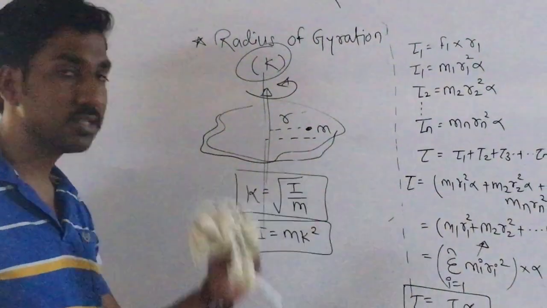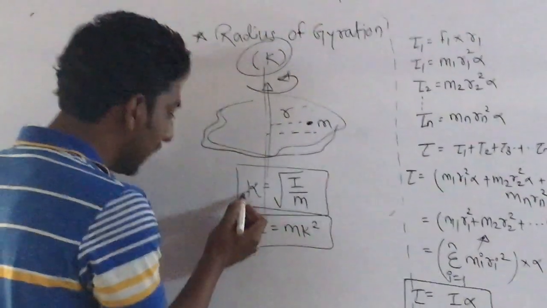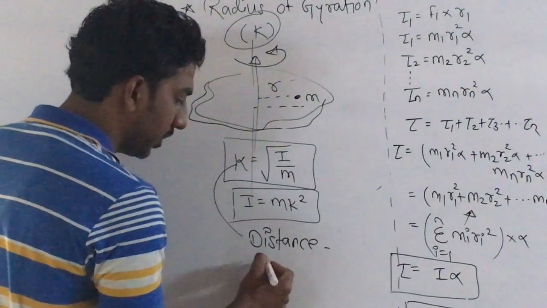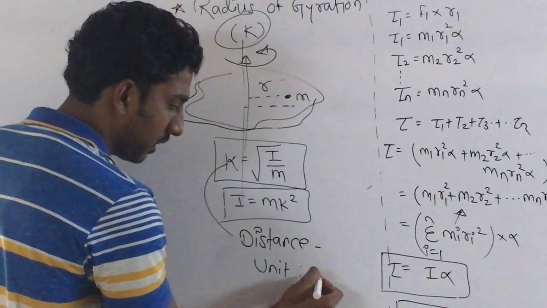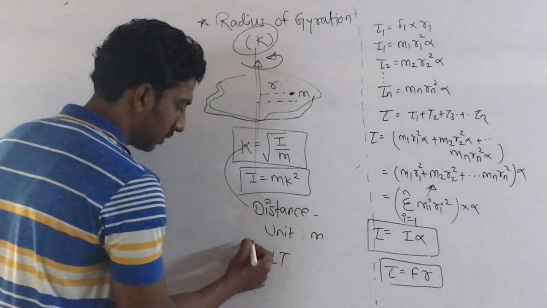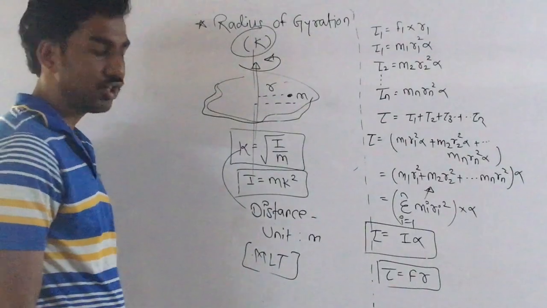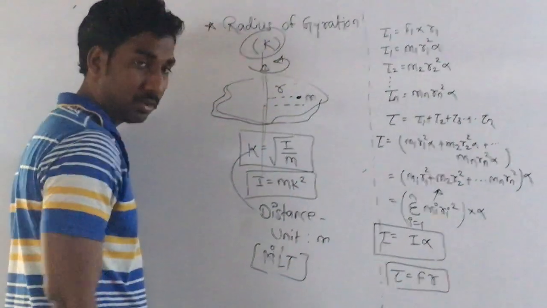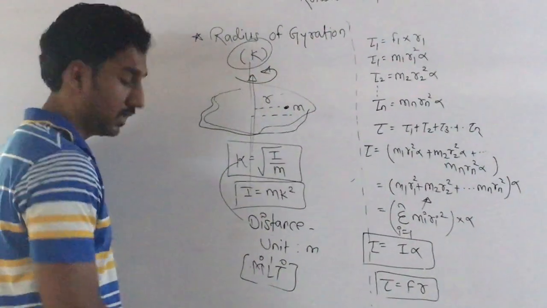So the formula is k is equal to under root I upon m. As it is nothing but a distance, its unit will be meter itself, and its MLT dimension will be mass 0, length 1, and time 0.